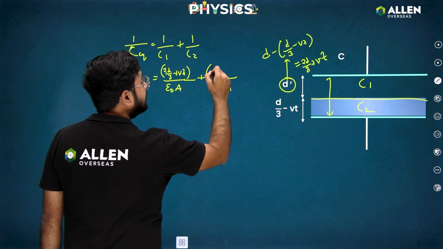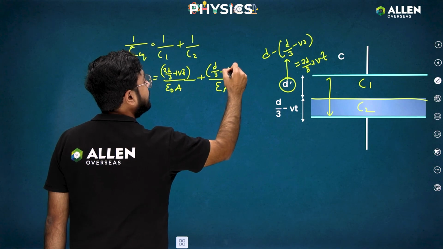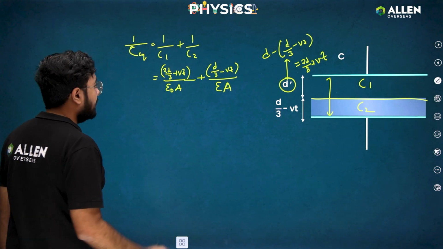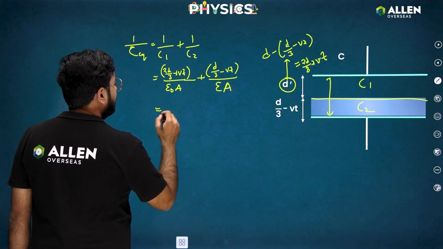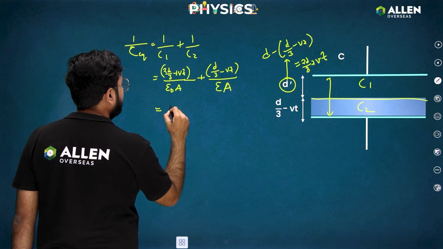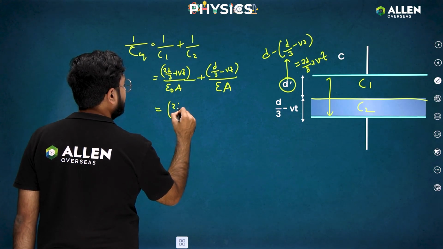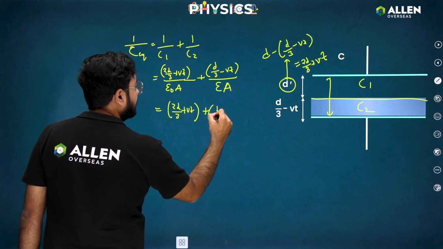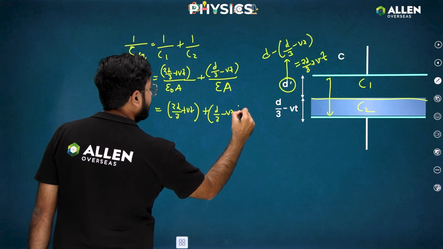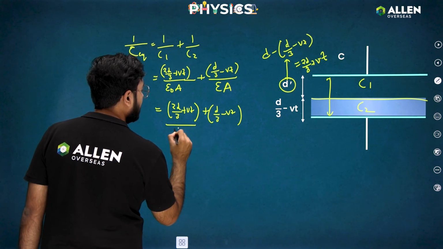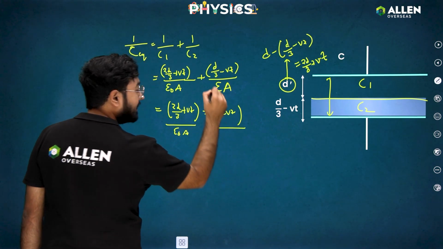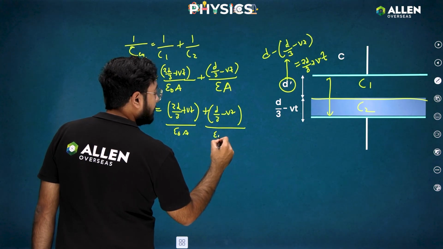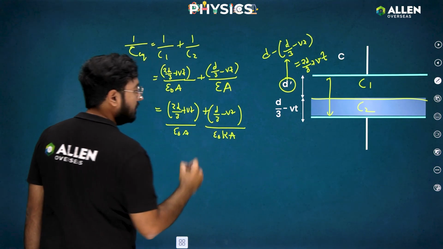And what will be the width? d by 3 minus vt. So 1 by C equivalent will be equal to (2d by 3 plus vt) plus (d by 3 minus vt) over epsilon naught A. And here can I write epsilon as epsilon naught into K?